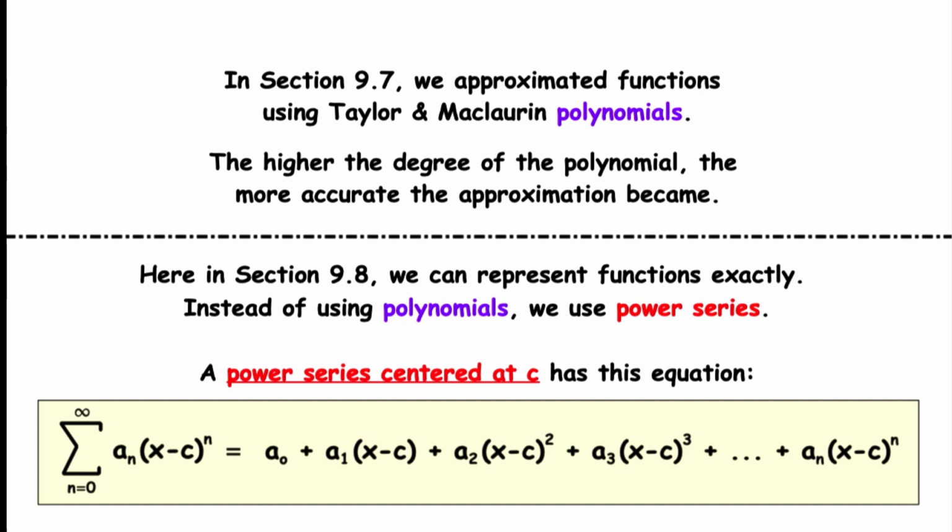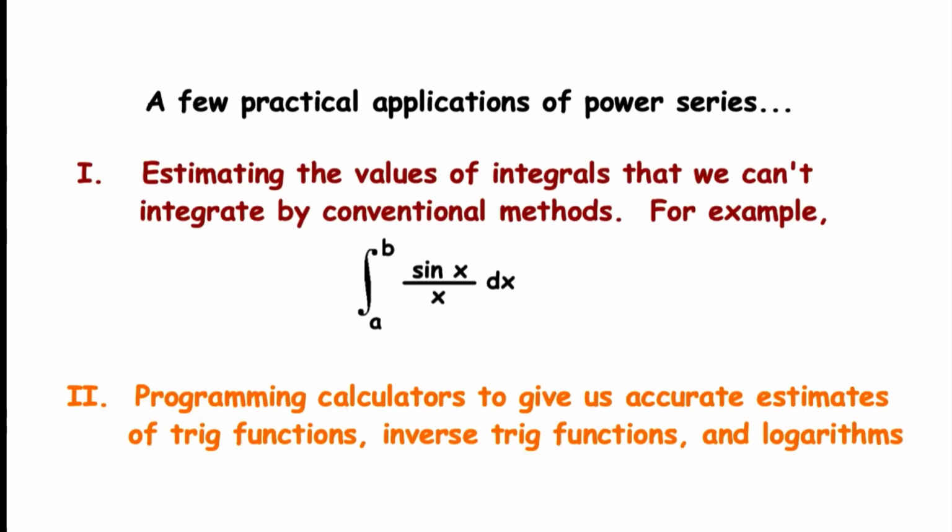The a sub 0, a sub 1, a sub 2, those coefficients, we can calculate. And we're going to take a look at these, but first, power series are extremely useful in real life and extremely powerful. You're going to see in the next couple sections where there have been some things in the past where we could not integrate. For instance, sine of x over x. Good luck with that.